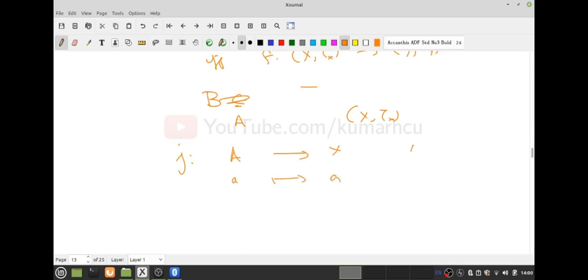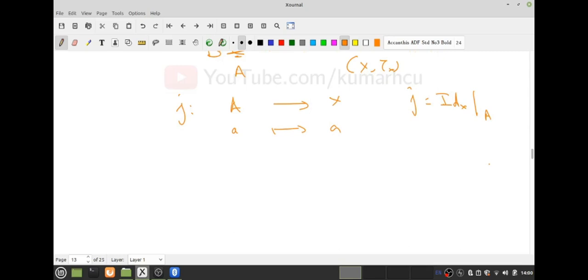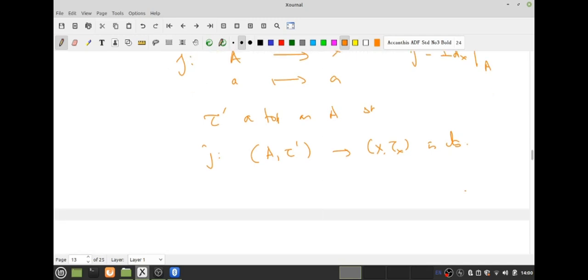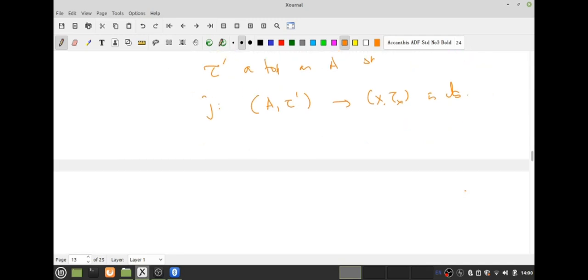That is, this J is nothing other than the identity map on X restricted to A. Now let tau dash be a topology on A so that the inclusion map from (A, tau dash) to (X, tau_X) is continuous. Tau dash is any topology, not necessarily the subspace topology. You understand that?